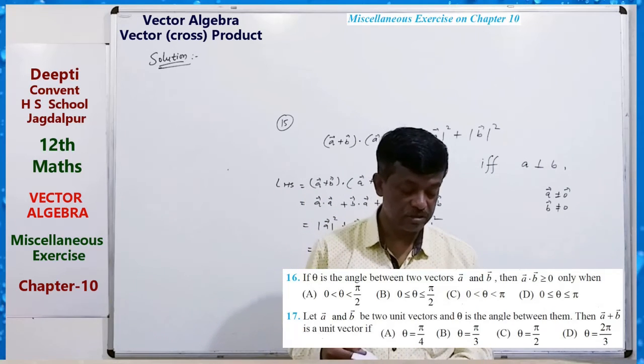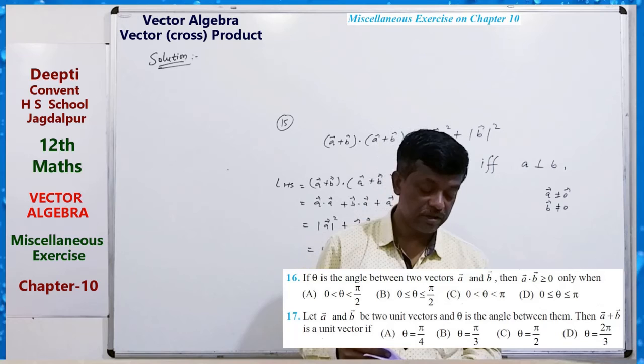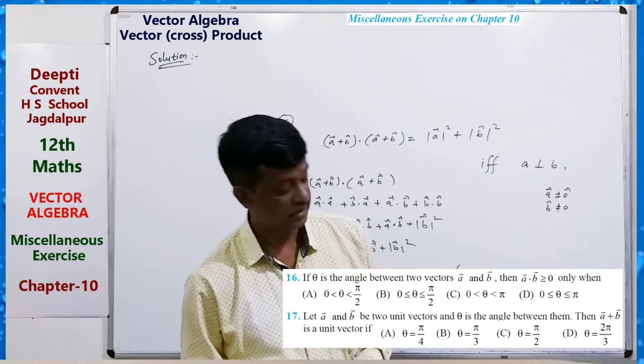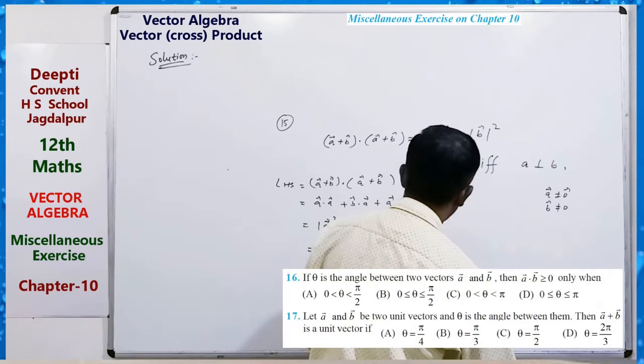Then you can solve and get cos theta equal to minus half.